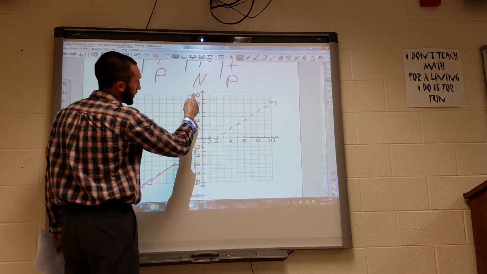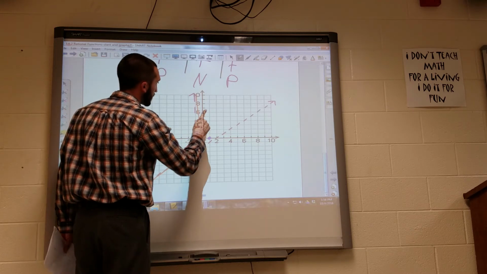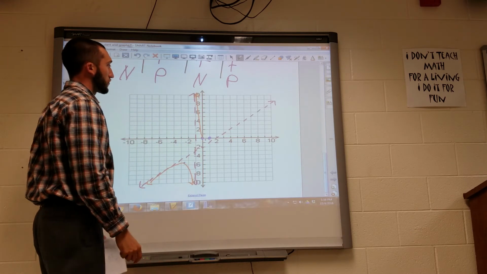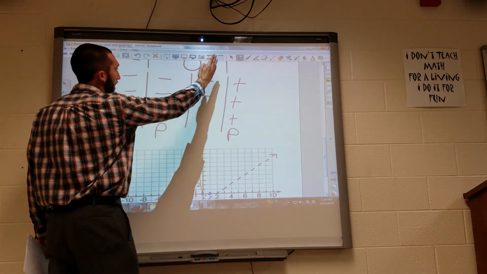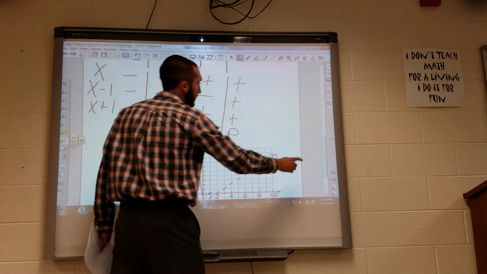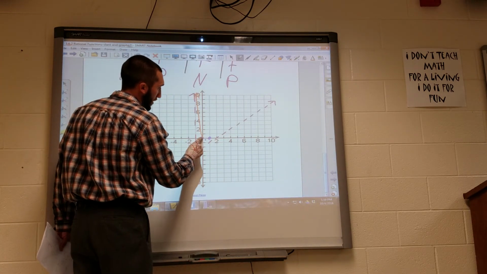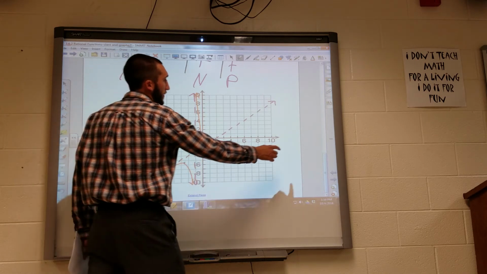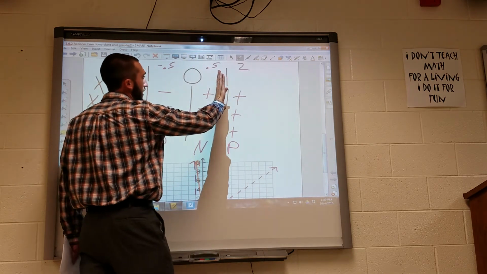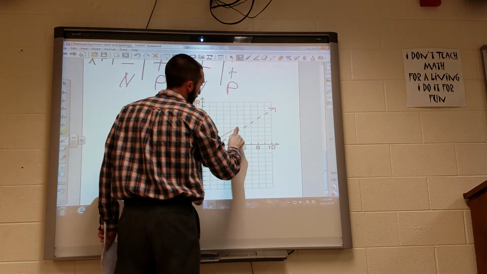So my graph is positive, and it's going to hug that asymptote. In between 0 and 1, my graph is negative, which makes sense. That lines up with my minimum there. And then, for all values greater than 1, my graph is positive again, and it's going to hug that asymptote.